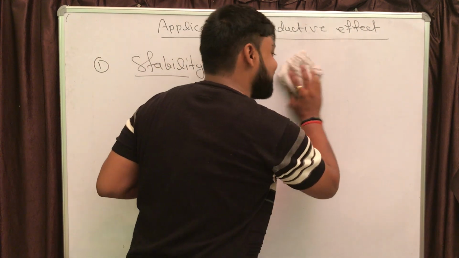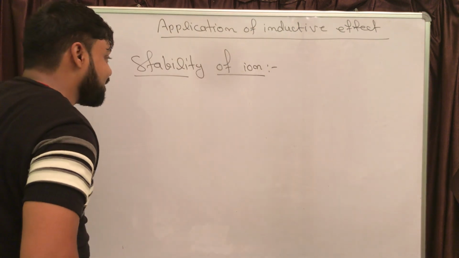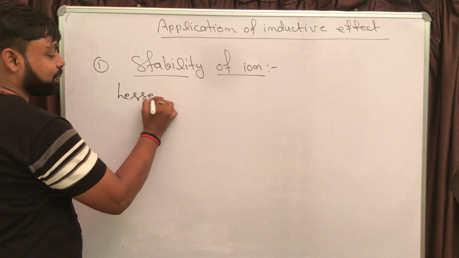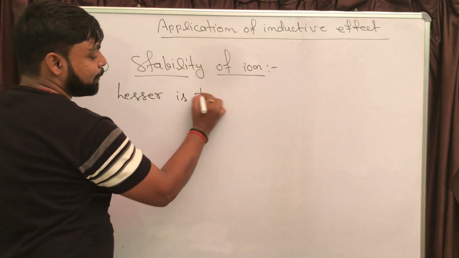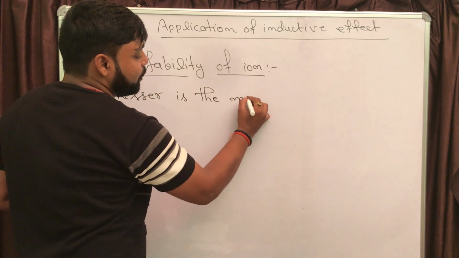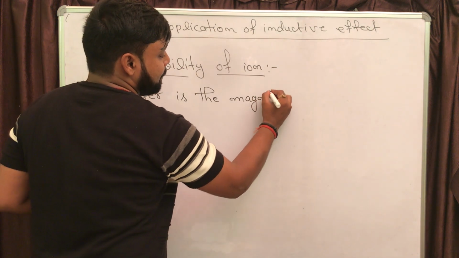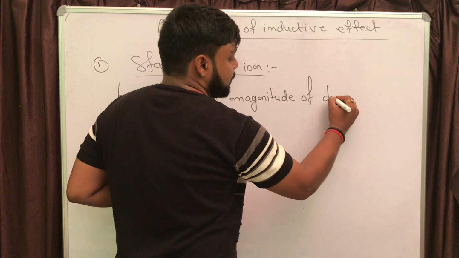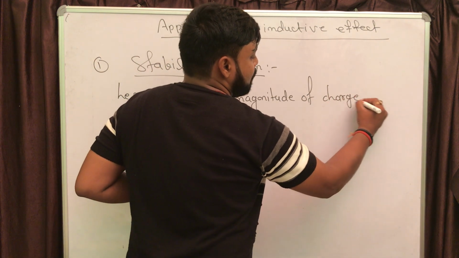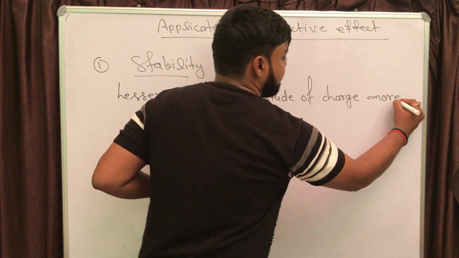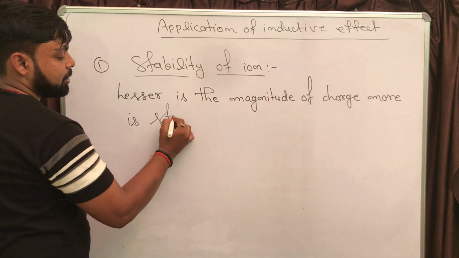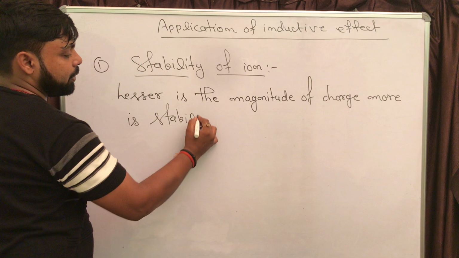So let's write the statement in application part, stability of ion. Lesser is the magnitude of charge, more is the stability, right?